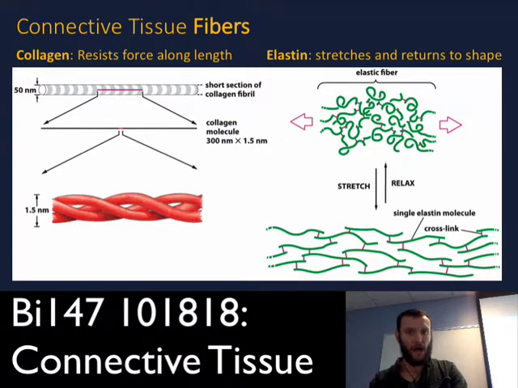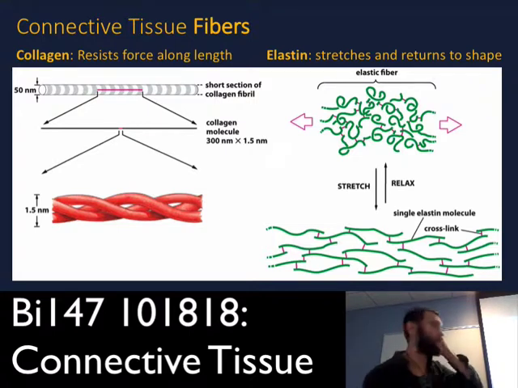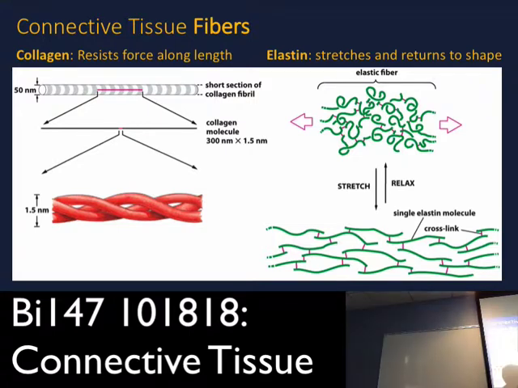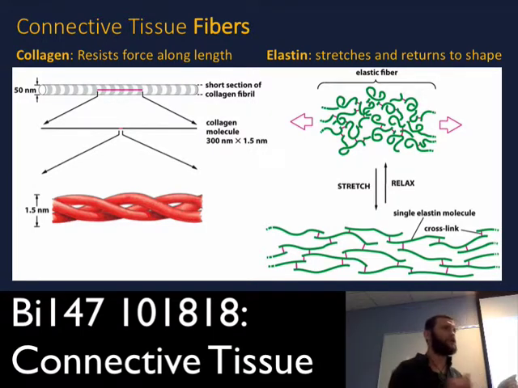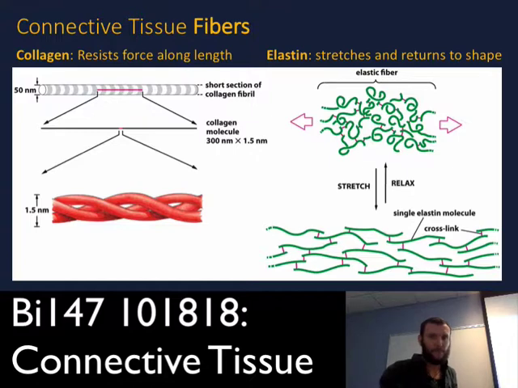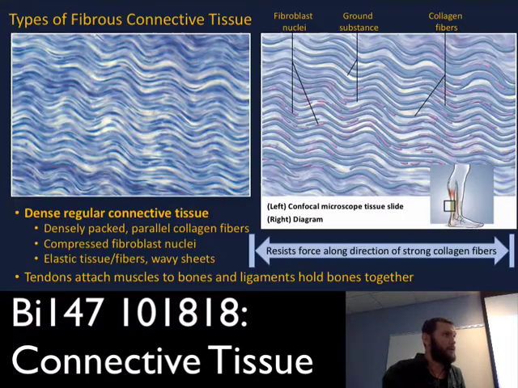Whereas elastin is super stretchy. It's these curly, cute proteins that are cross-linked. There's a lot of cross-linking, so it's kind of like a mesh. You ever seen a rubber mesh that you can stretch and it comes back? It's a little bit like that. It has a memory. It comes back to the shape.